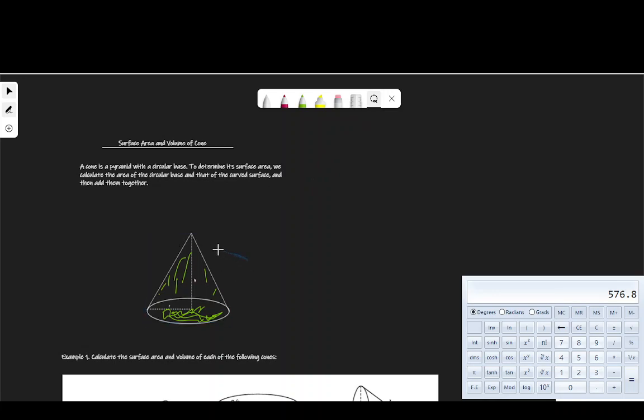How do we do that? Let me remove all these lines here. The surface area of a cone, SA of cone, is equal to area of circular base plus area of this cross section here, curved surface.